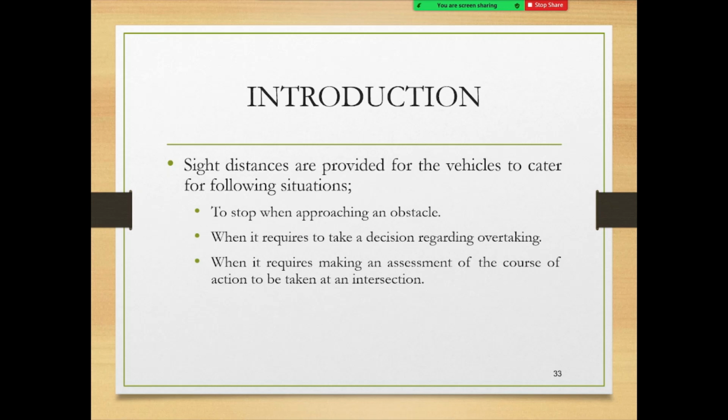And the other one is when it requires taking a decision regarding overtaking, whether we should overtake or not. Now, if you have driving licenses, of course, you always do this when you drive. Sometimes you take a decision whether I should overtake or not. Okay, the RDA assists you.